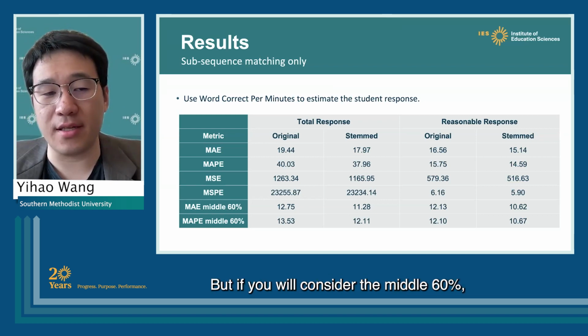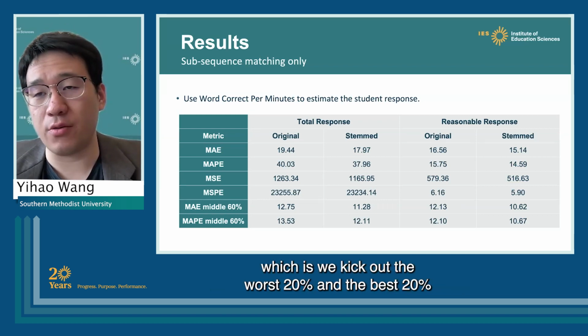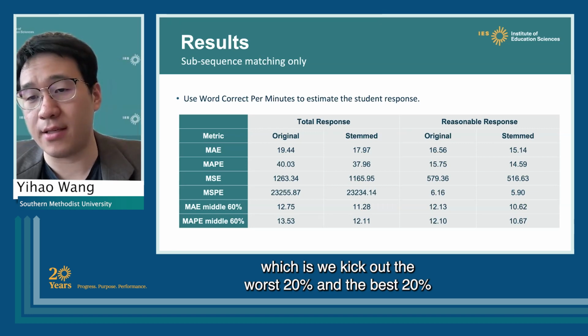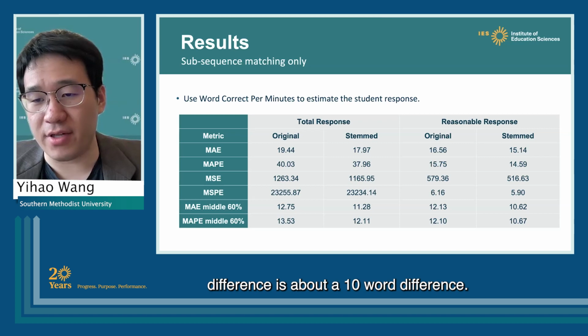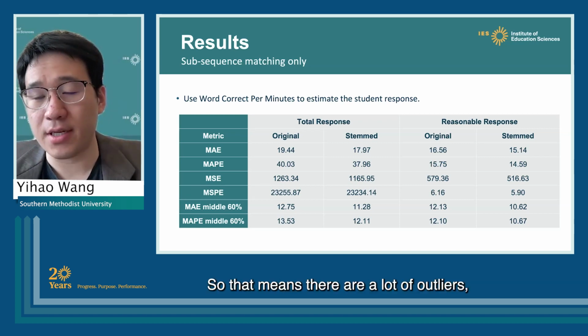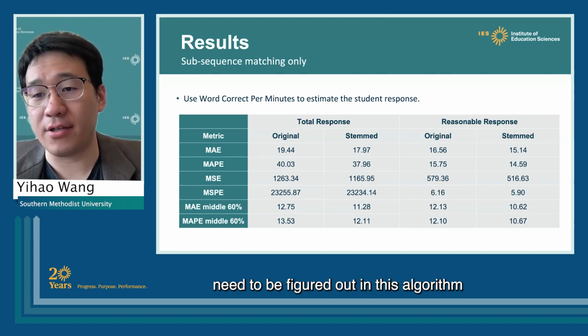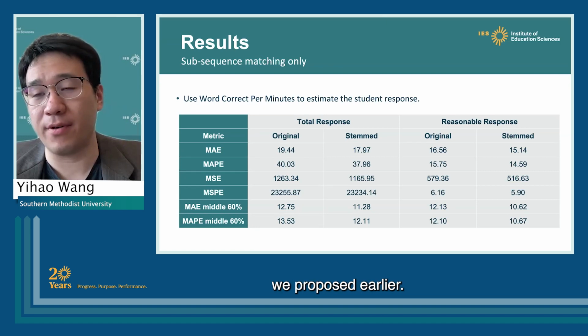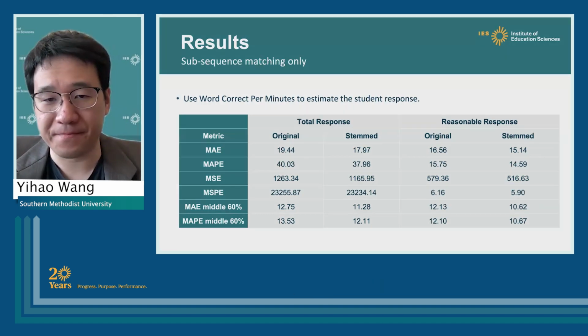But if we consider the middle 60%, where we kick out the worst 20% and the best 20%, the difference is about 10 words. So that means there are a lot of outliers that need to be figured out in this algorithm. And we want to improve that using the method we proposed earlier.